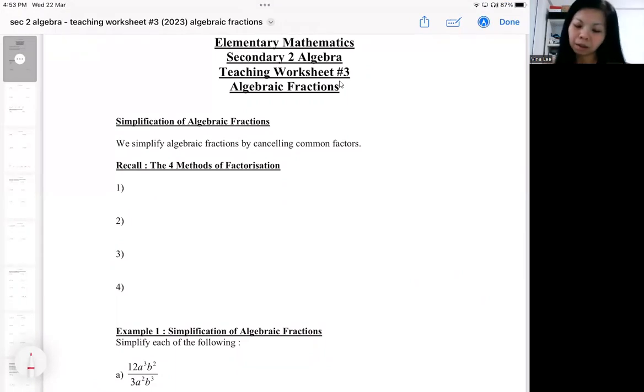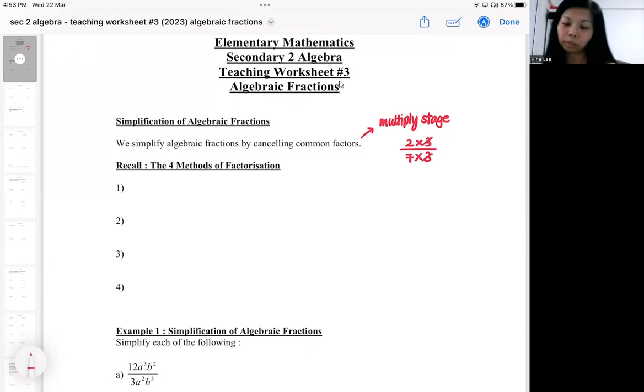We can only be cancelling during the multiplication stage. So for example, if I've got 2 times 3 over 7 times 3, I can cancel the 3 because it's in a multiplication.